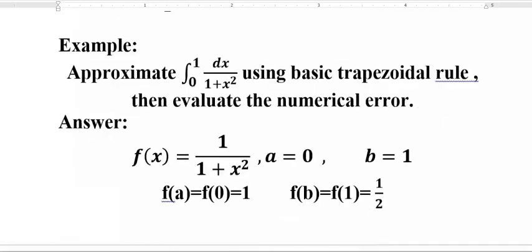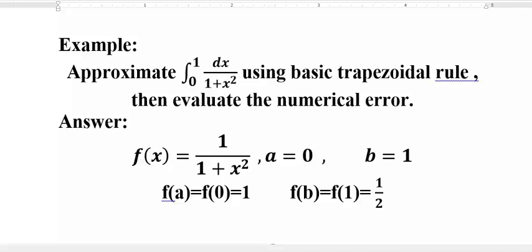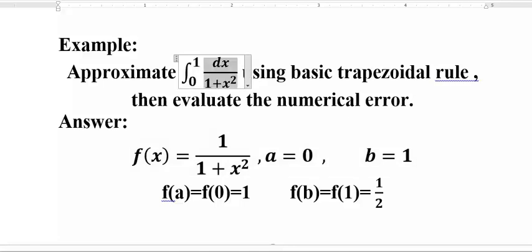Example. Approximate the integration from 0 to 1 of dx over 1 plus x squared using the basic trapezoidal rule. Then evaluate the numerical error. Answer: f of x here is 1 over 1 plus x squared. A, the first point of the area, equals 0.